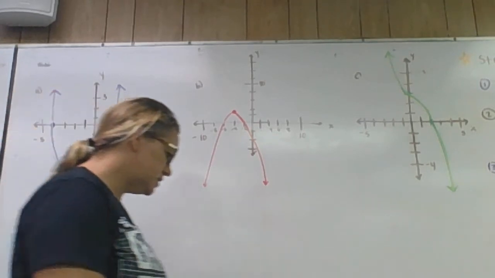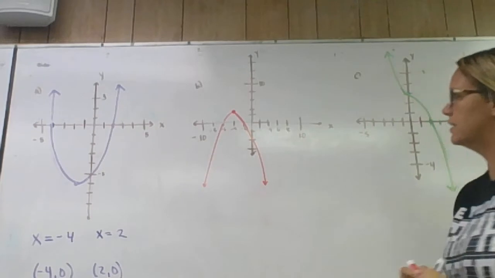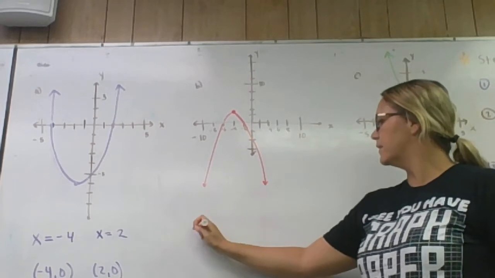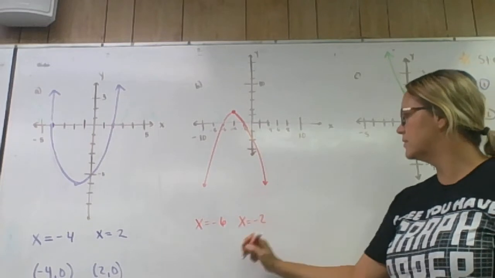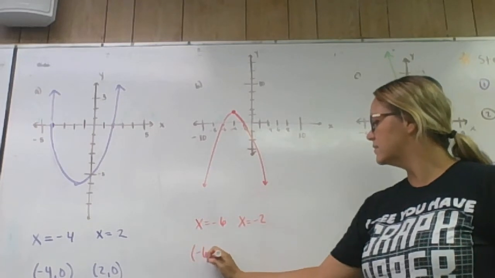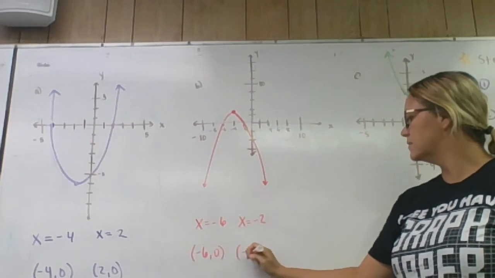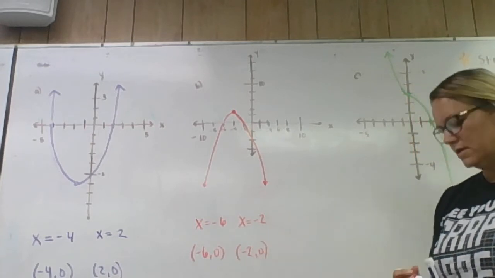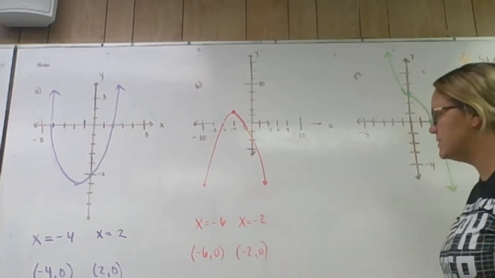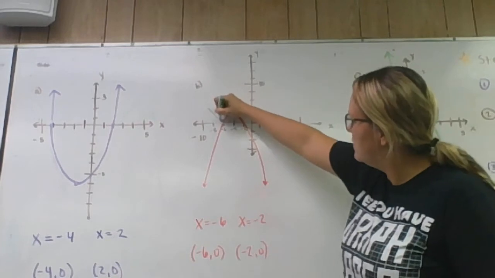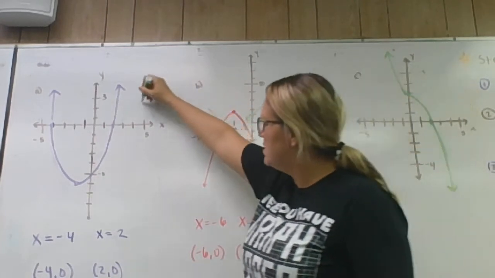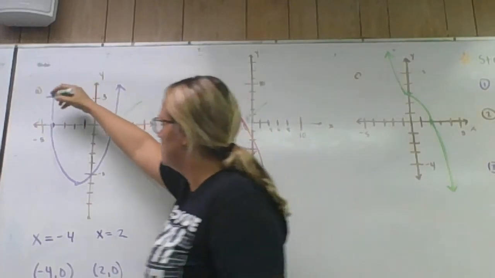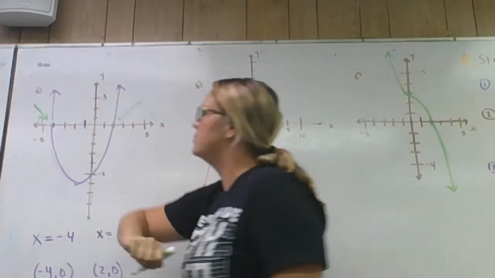Alright, how'd you guys do? Did you get letter A right? Alright, so sometimes we make the mistake of focusing on y-intercepts because in Algebra 1, y-intercepts are talked about so much with slope-intercept form.